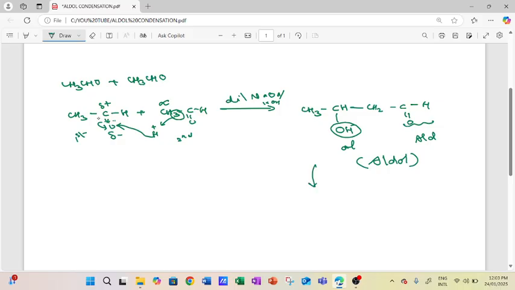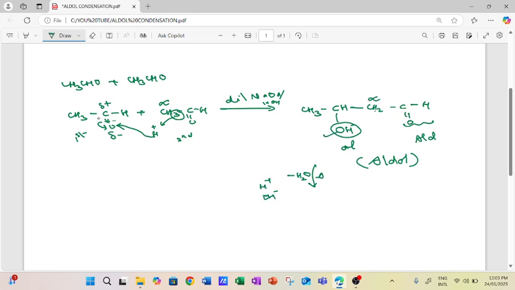But this reaction is highly exothermic, so it liberates water. So let's see from where the water molecule is eliminated. We know that water has H plus and OH minus ion. So the OH minus ion is eliminated from this part and H is removed from that alpha carbon, the same alpha carbon. Before there were 3 hydrogens, from that 1 hydrogen has gone.